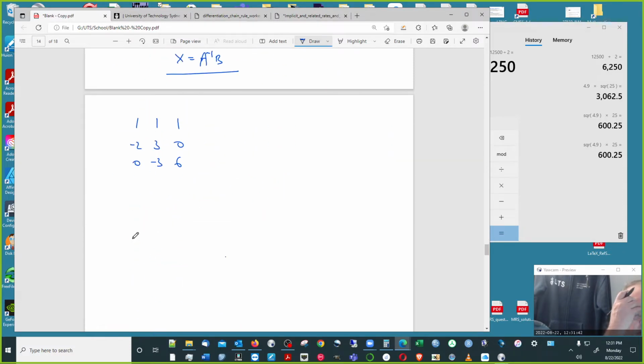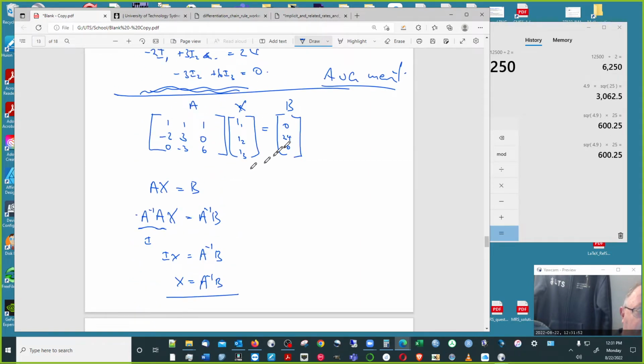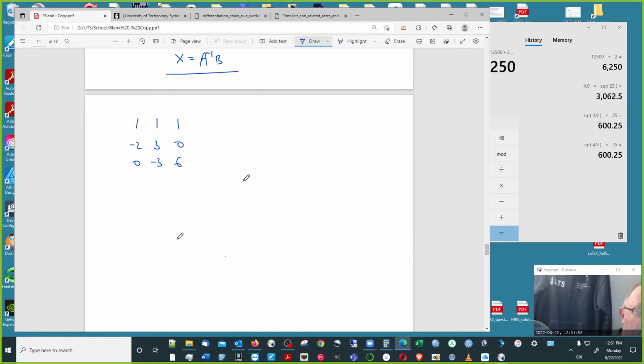Okay, so whether I bring in the constants and start treating it like an equation like I did before, so what I'm going to do here is put the identity matrix, and we're going to start doing row operations.